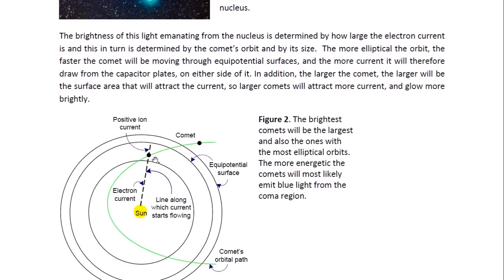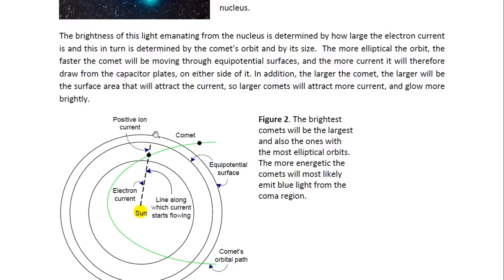So here we see a comet entering the solar capacitor or the solar system, and it will cross equipotential surfaces or surfaces that have the same potential all along them. And as they cross the different surfaces, the capacitor discharges. That is, it charges the comet, discharges the capacitor itself.